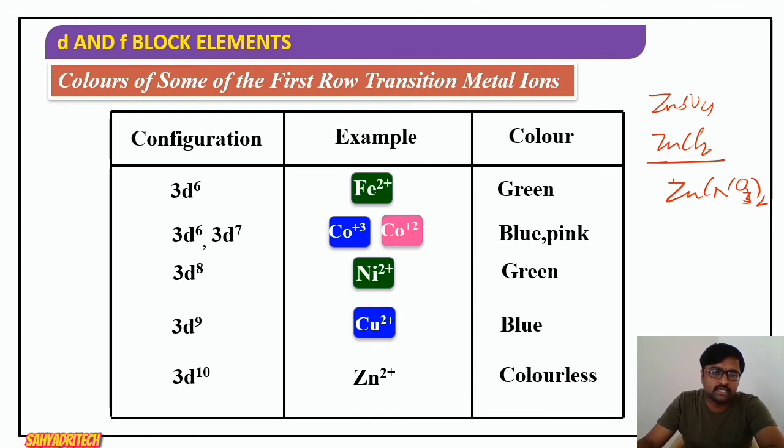Zn2+ is d10 configuration, there is no unpaired electron, therefore the compounds are colorless. Wherever color comes, there involves a d-d transition. Wherever it is colorless, generally remember, there is no d-d transition, since there is no unpaired electron.